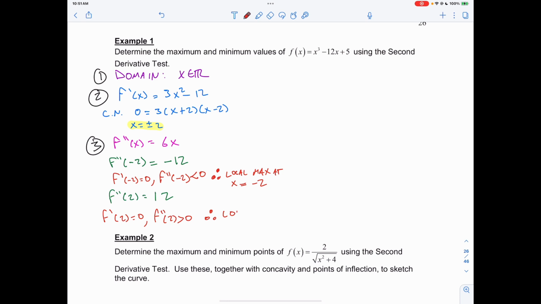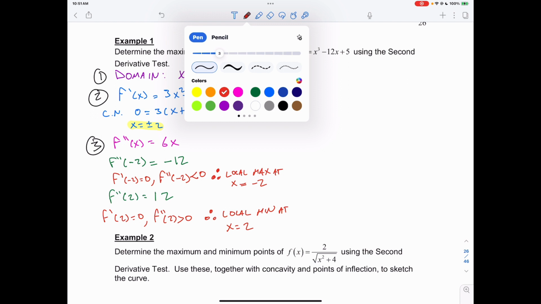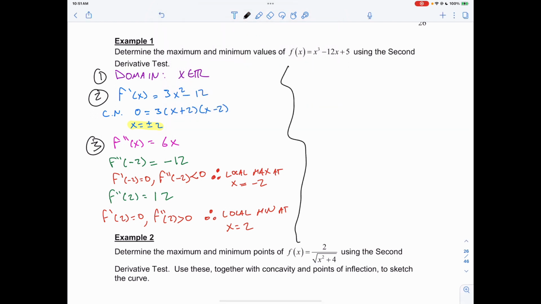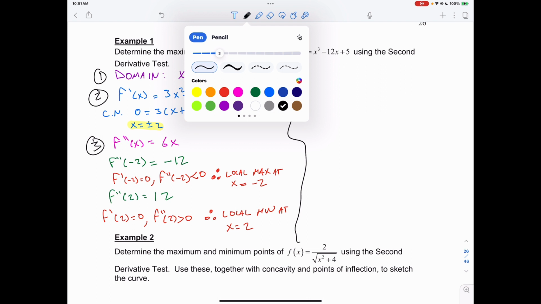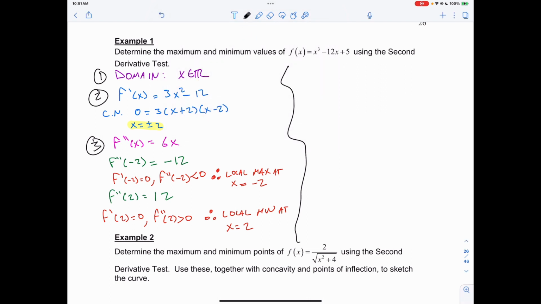Therefore, I have a local minimum at x is equal to positive 2, because it's going to be concave upwards and it's going to have a slope of 0 at this point. When I'm determining the local maximum and minimum values, I just have to take those points where I found a maximum and minimum and put them back into my original function.